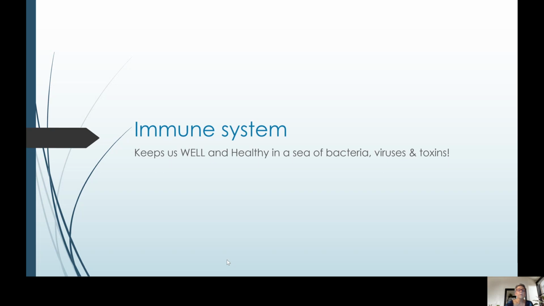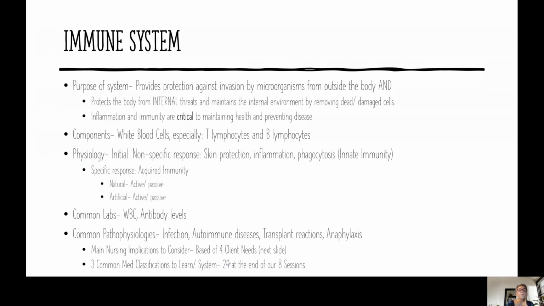So what is the purpose of our immune system? It basically helps to keep us well and healthy in this huge sea of bacteria, viruses, and toxins. It provides protection against invasion of microorganisms from outside the body, and it protects the body from internal threats and maintains the internal environment by removing dead or damaged cells.